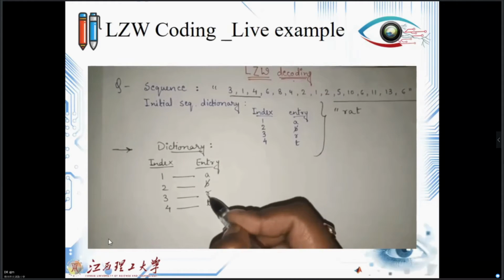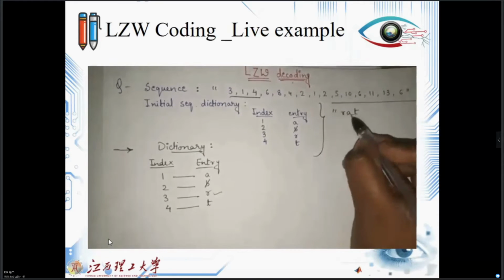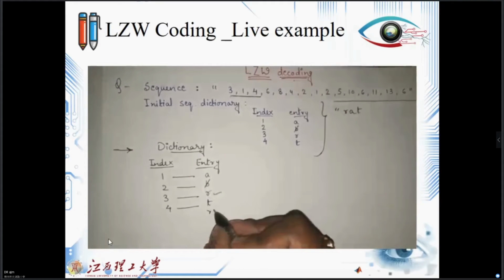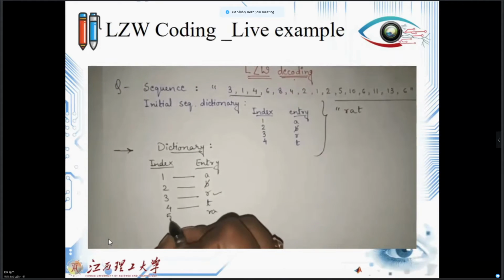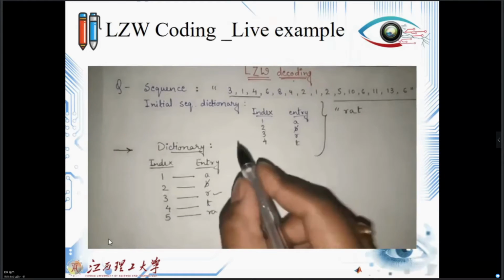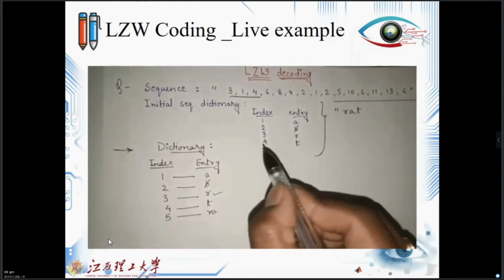See, the numbers were there up to 6. Then for the 6, she starts to generate the new dictionary again because that value is not there. But how should we do? We should start from the first two characters, which is RA, and for the 6, the second two, which is AT. Again, we will select that T. See this 6.